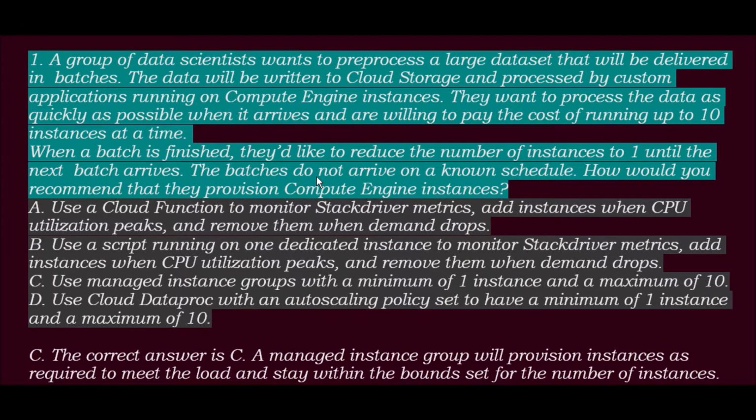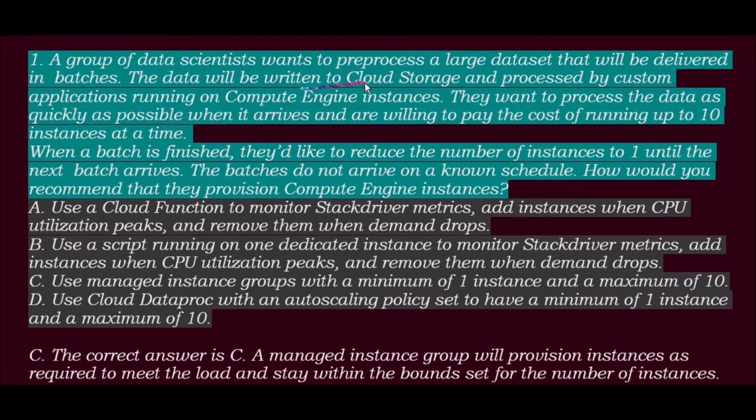The first question is: a group of data scientists wants to pre-process a large data set that will be delivered in batches. The data will be written to Cloud Storage and processed by custom applications running on Compute Engine instances. They want to process the data as quickly as possible when it arrives and are willing to pay the cost of running up to 10 instances at a time.